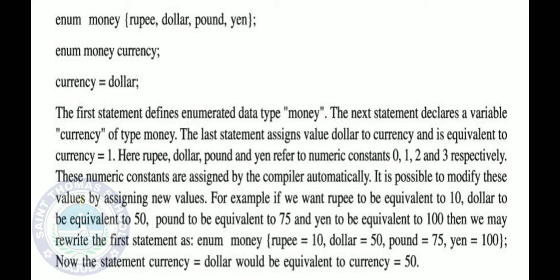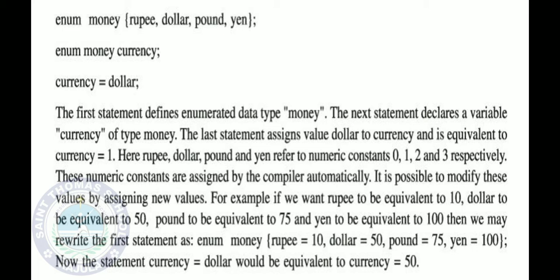So for example, if we want rupee to be equivalent to 10, dollar to be equivalent to 50, pound to be equivalent to 75 and yen to be equivalent to 100, then we may rewrite the first statement as enum, the keyword first, then money, and here you just assign the values: start the curly bracket, then rupee equals 10, comma, dollar equals 50, pound equals 75 and yen equals 100.